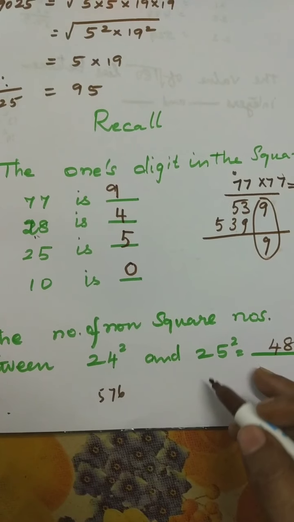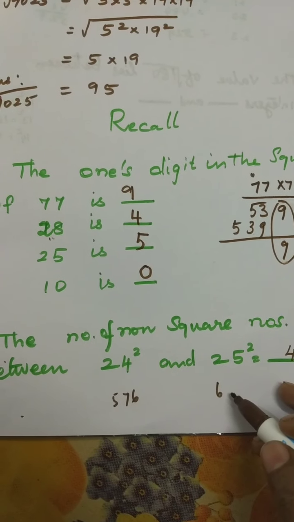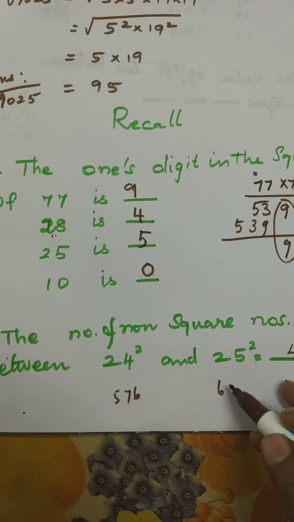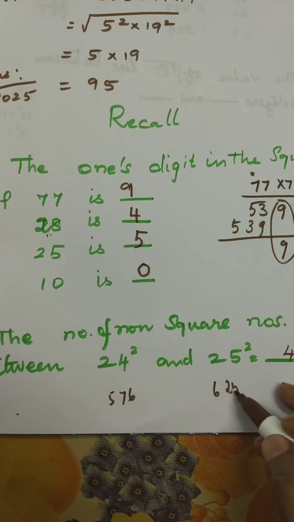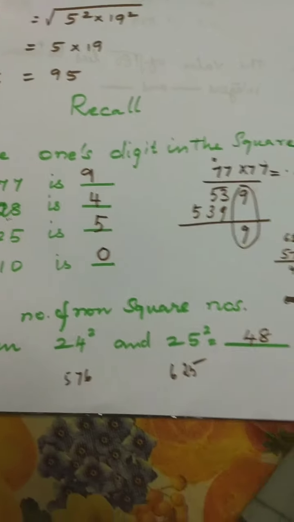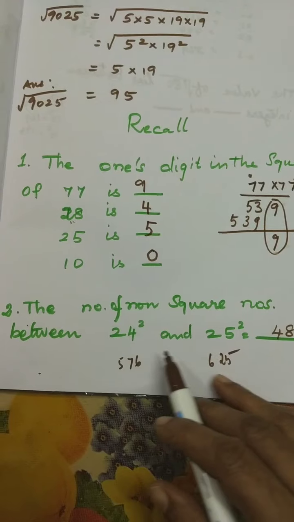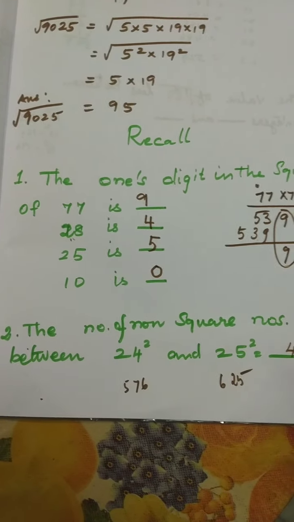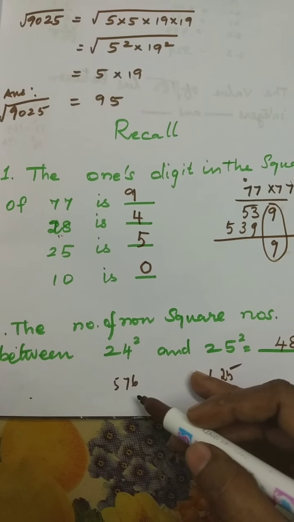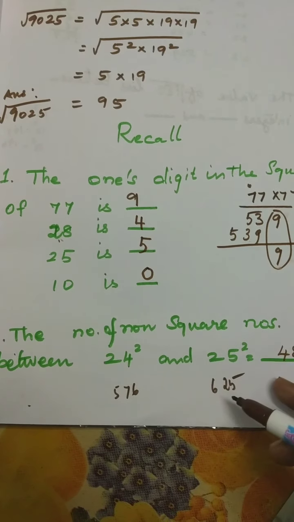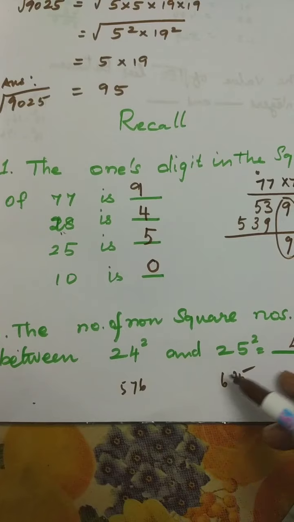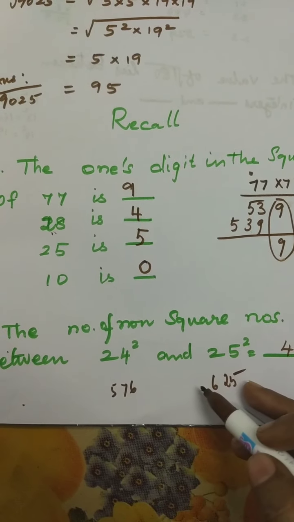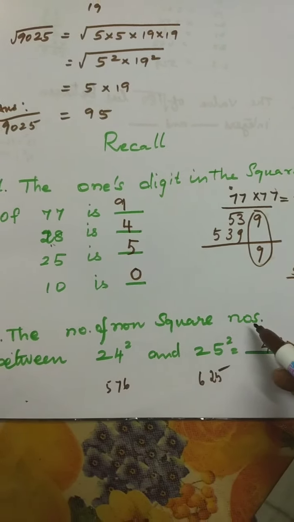Then 25 square is 625. They asked about the numbers in between, which are non-square numbers, isn't it? 24 square is 576, 25 square is 625. So the numbers in between are non-square numbers.